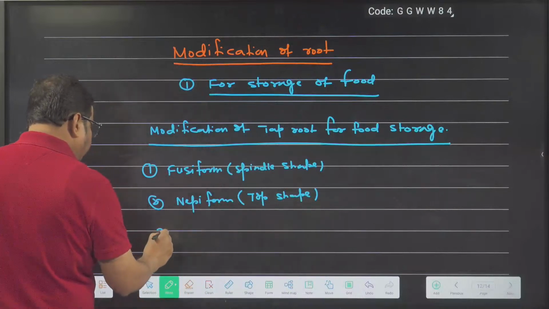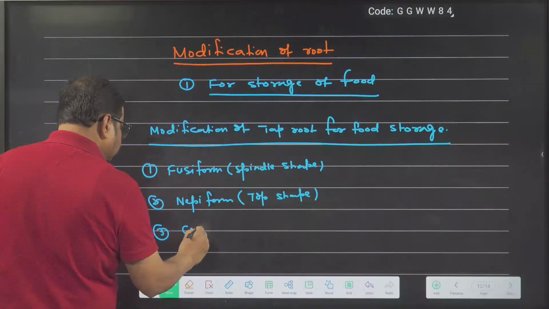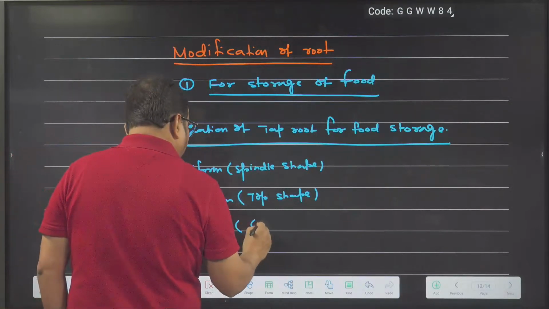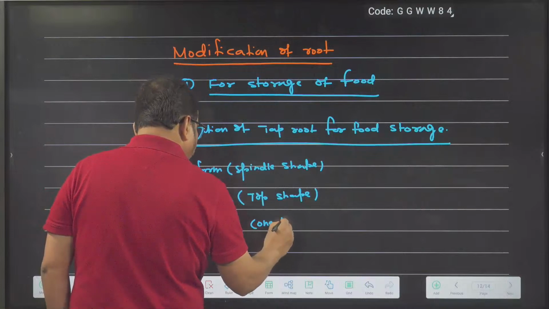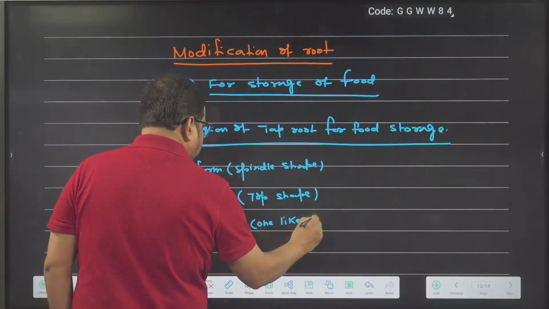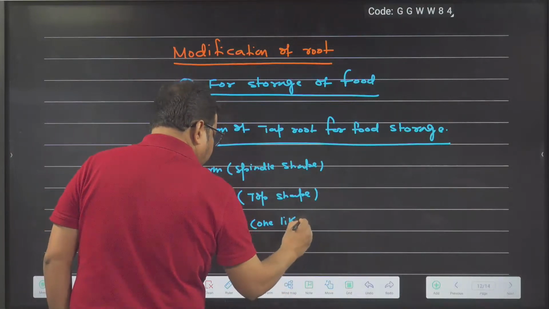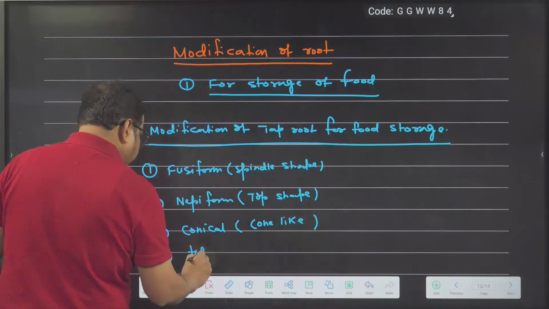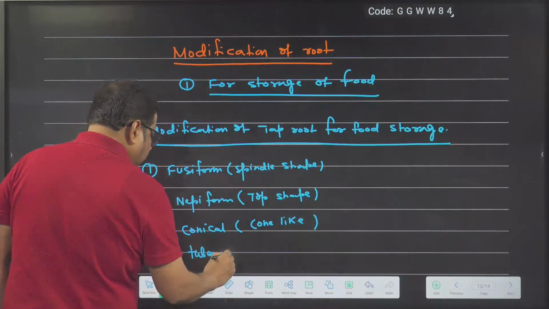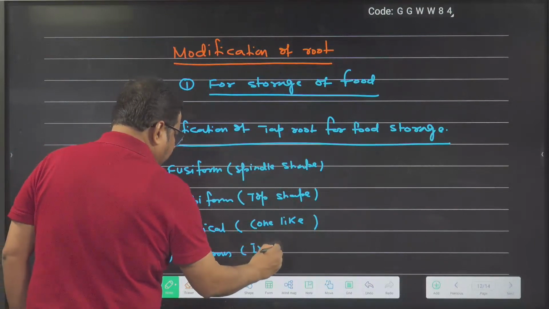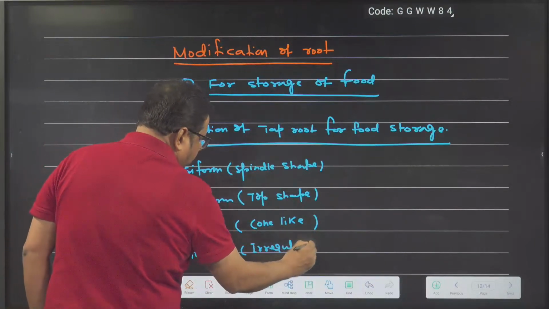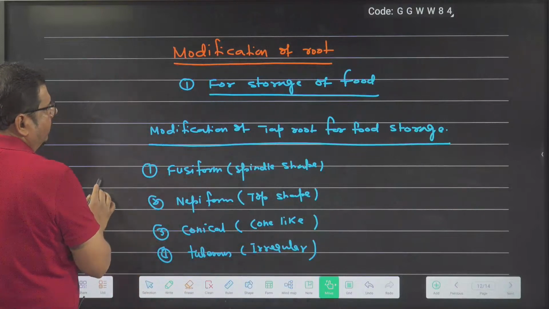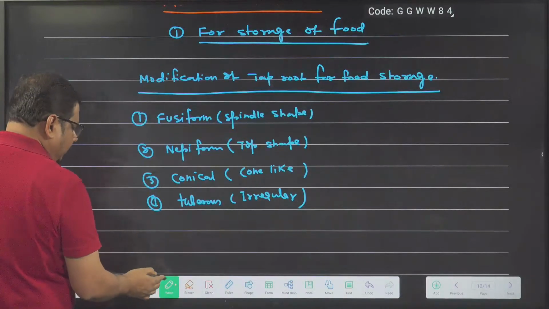And third I am writing conical, or it is cone shape root, cone like. And fourth I am writing tuberous, it is irregular. So these are the modifications of taproot I am telling for storage of food.